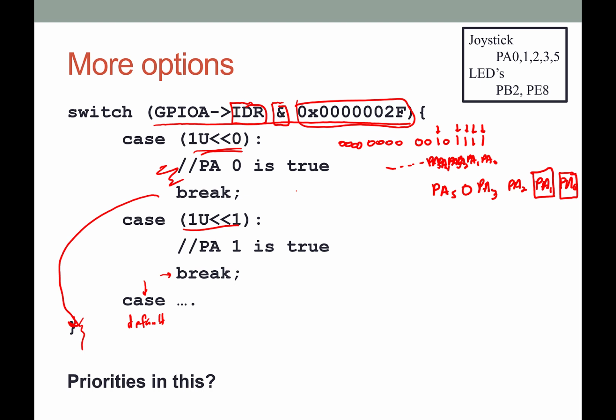Well, you could have that case where it's that particular thing directly, say PA2, let's say 0b, I'll just say 101, so the binary number 101, and in that case, if you had those 2 pressed, it would go to that part of the case statement.